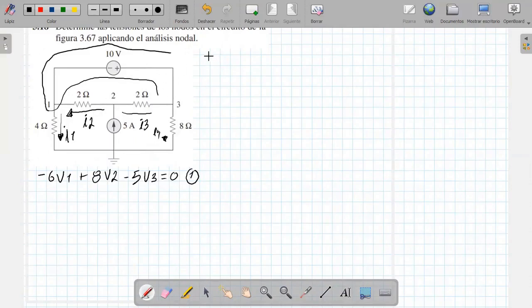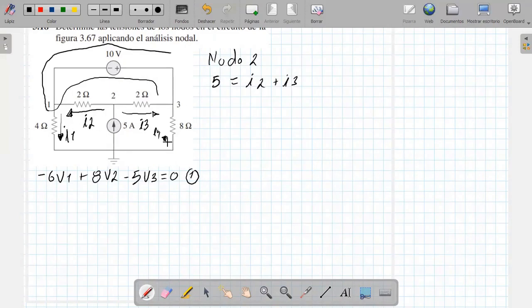Now I am going to apply node 2. The currents that enter point 2 are equal to the currents that leave. So what comes in here, I marked it as 5 amps, and remember that this 5 is going to be equal to what comes out, I2 and I3.